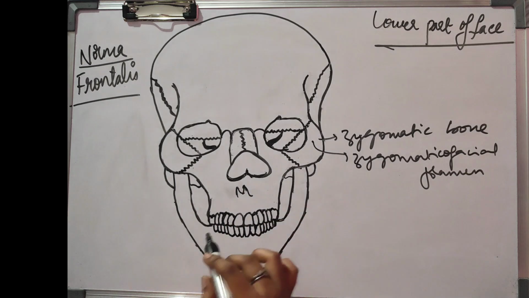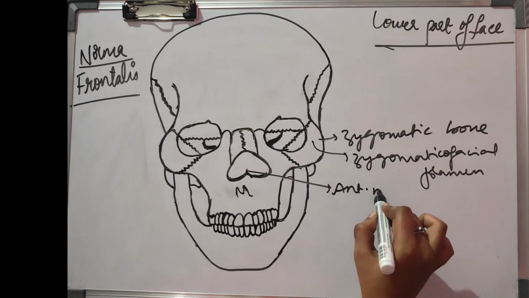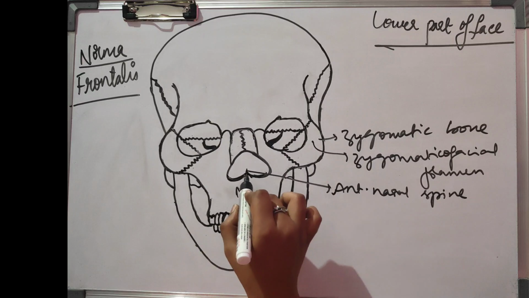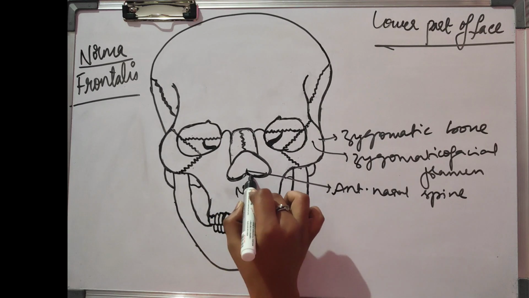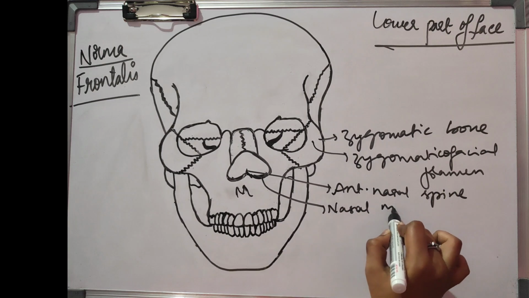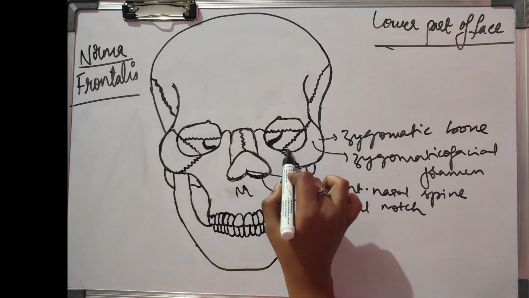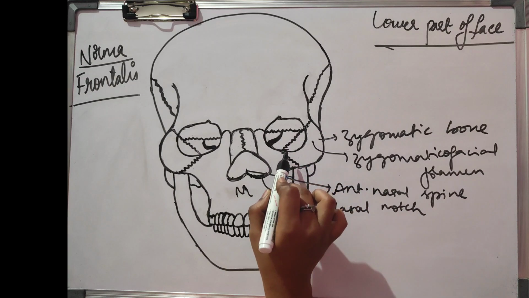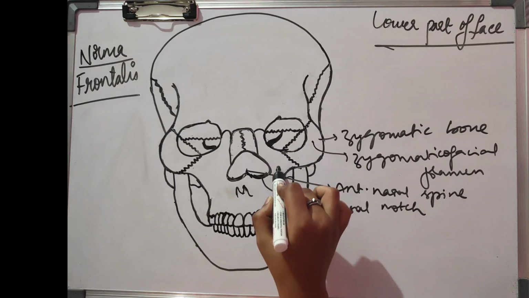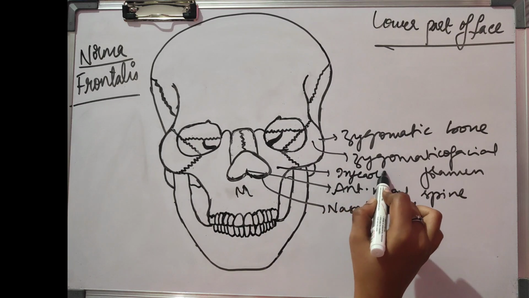In the maxillary bone, we can find the anterior nasal spine, that is the sharp projection on the lower part of the piriform aperture, and these are the nasal notches on the body of the maxilla, and this is the infraorbital margin of the orbit. So 1 centimeter below this infraorbital margin on the body of the maxilla, you find the infraorbital foramen.